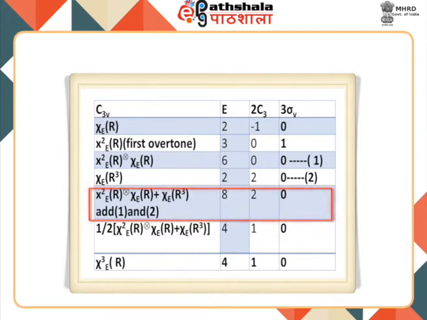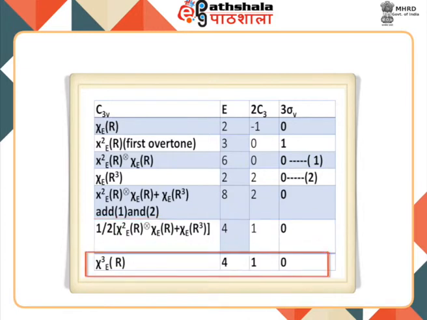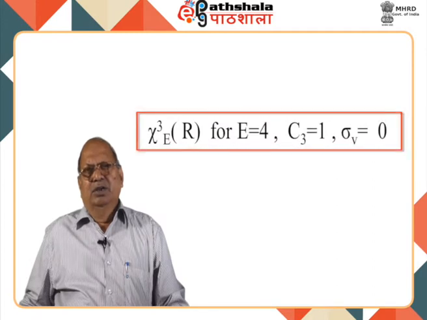Add 1 and 2, we are getting 8, 2, 0. Therefore, 1 by 2 of that, chi E cube R, is 4, 1, 0. Thus, chi E R for E is equal to 4, C3 is equal to 1, sigma V is equal to 0.